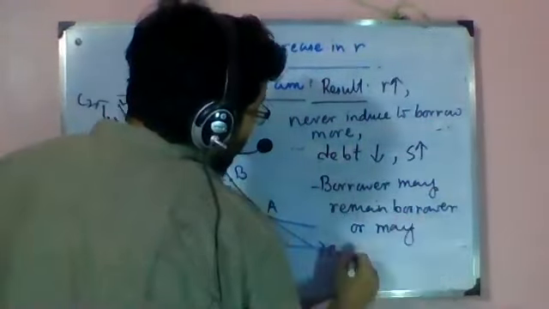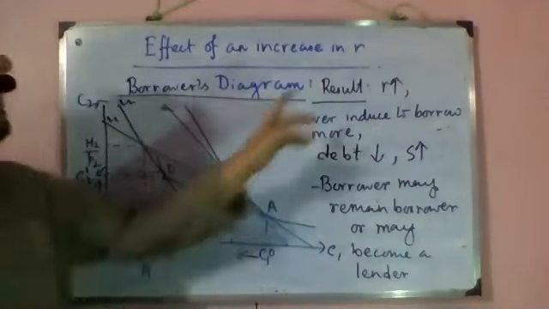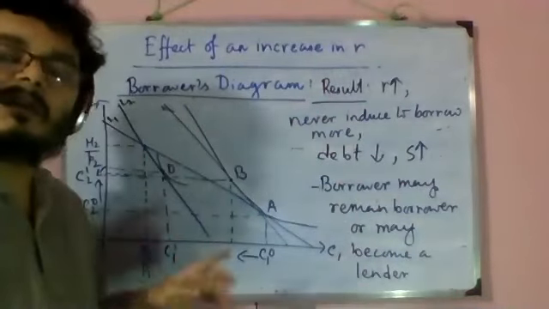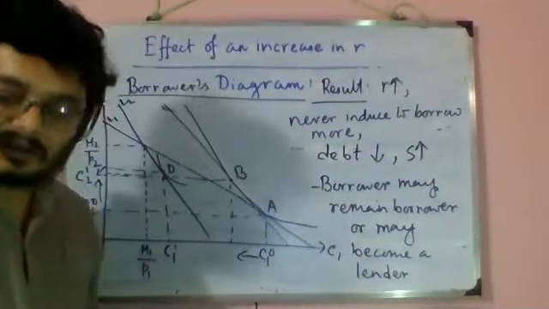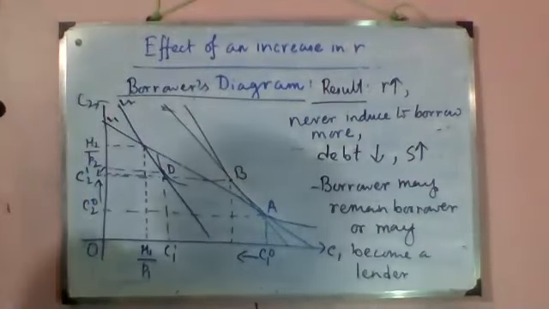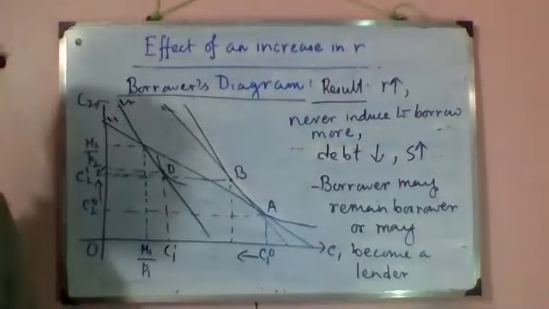So that is something that is different from the earlier case. So I'm saying it again. If R increases, a lender will always remain a lender, but a borrower may remain a borrower with lesser debt or may become a lender.